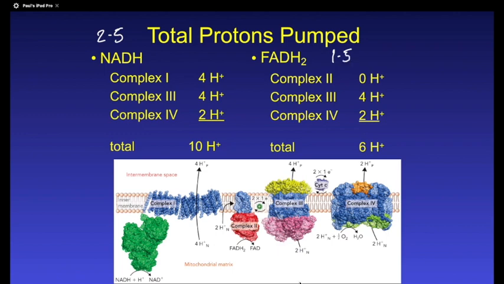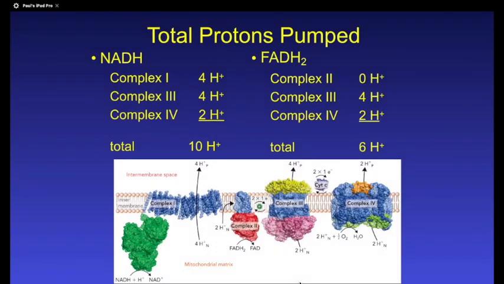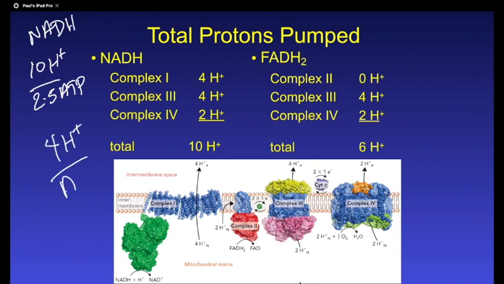Okay, let's do some math. I pump out 10 protons and I get 2.5 ATPs for NADH. How many protons per ATP? 4. Good. Even without your iPhone, you did it. I am very, very happy. So 10 protons divided by 2.5 ATPs for NADH is 4 protons for every ATP.